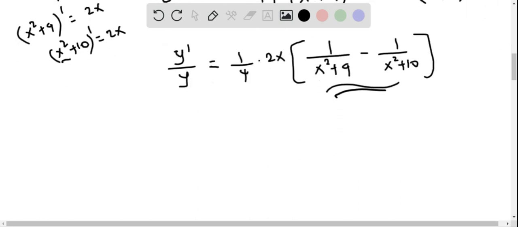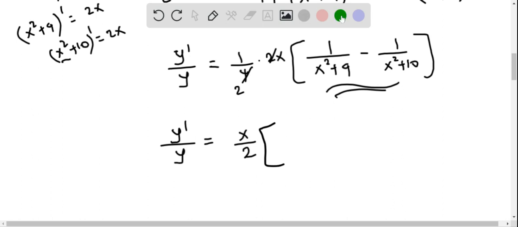We can simplify this expression. So we have y prime over y, and this equals x over 2, and here we can simply cross multiply. That is 1 times this factor, as well as negative 1 times this factor, and then multiply these two terms in the denominator.